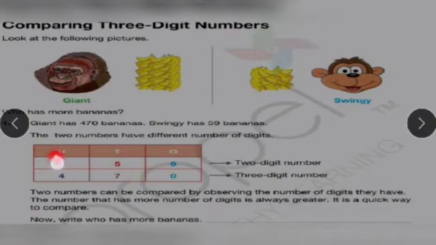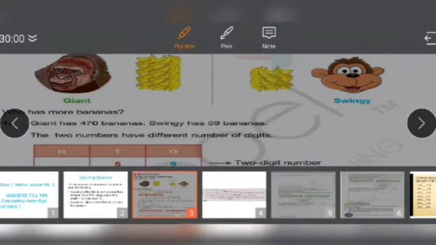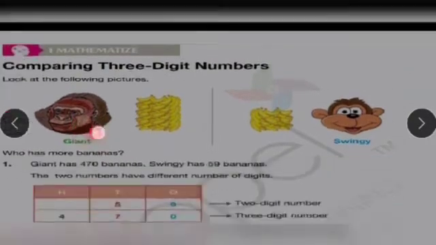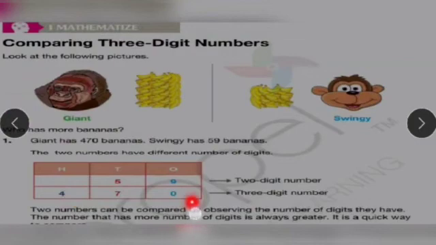Here the table is arranged by ones place, tens place and hundreds place. In 470, 0 is in the ones place, 7 is in the tens place, and 4 is in the hundreds place. Now in 59, 9 is in the ones place and 5 is in the tens place. Swingy has 59 bananas and the giant has 470 bananas.